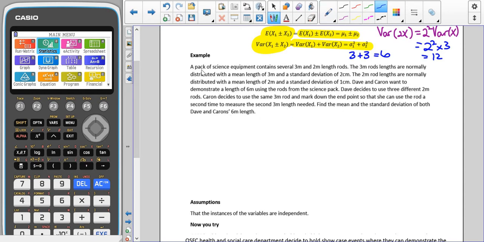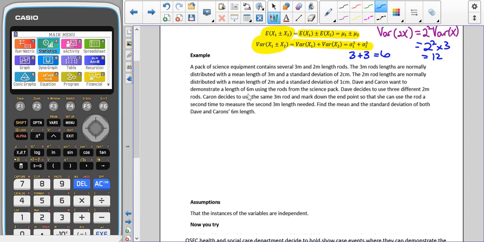So in our example, we have a pack of science equipment that contains 3 metre and 2 metre length rods. The 3 metre lengths are normally distributed with a mean length of 3 metres and a standard deviation of 2 centimetres. The 2 metre rod lengths are normally distributed with a mean length of 2 metres and a standard deviation of 1 centimetre.